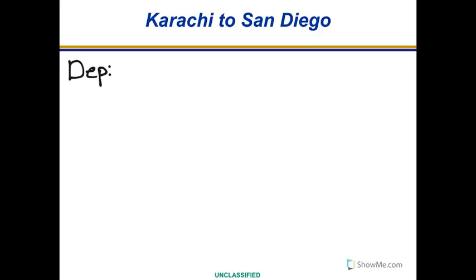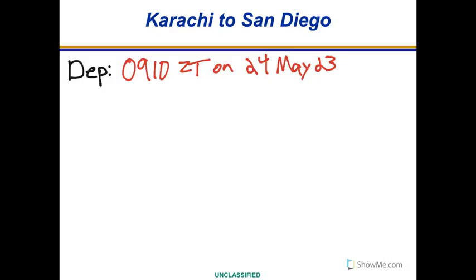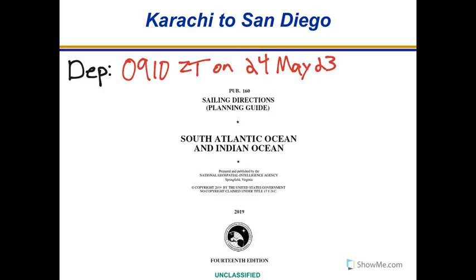Since Karachi, Pakistan, is a non-US territory, the pub we're going to use is sailing directions. Not just any sailing directions, we're going to use one of the planning guides. As a reminder, these planning guides are pubs 120, 140, 160, 180, and 200.